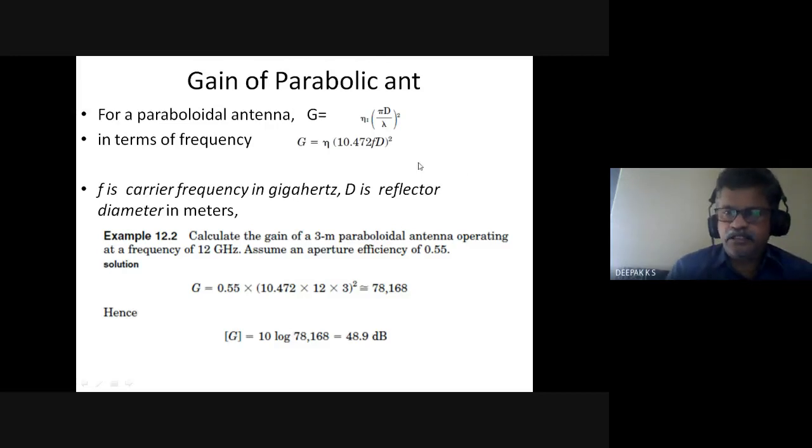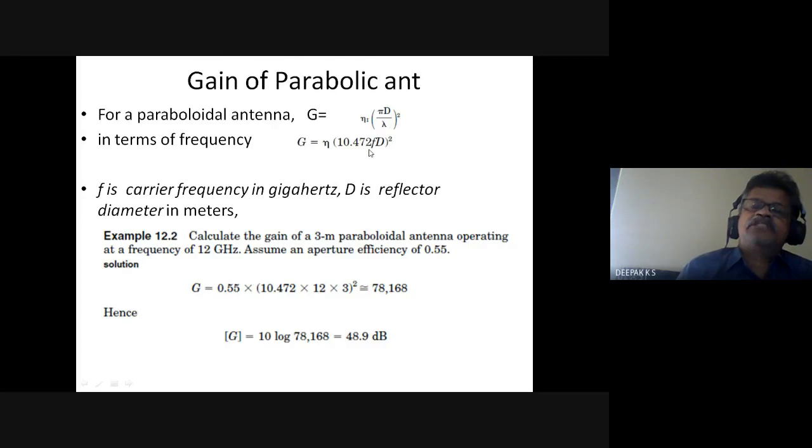And we saw this expression also for a paraboloid antenna, which is commonly used. The gain is aperture efficiency into pi D by lambda whole square. D is the largest dimension of the antenna, and lambda is the wavelength, which can be converted to frequency.